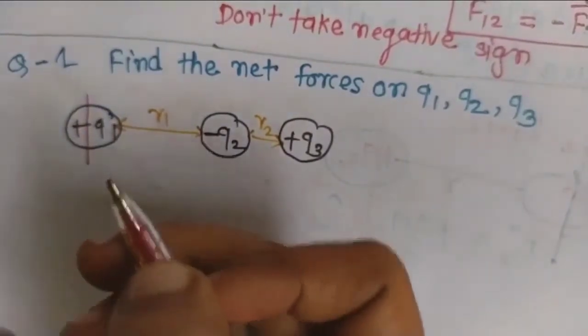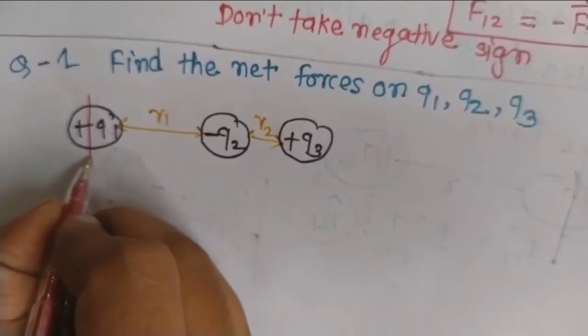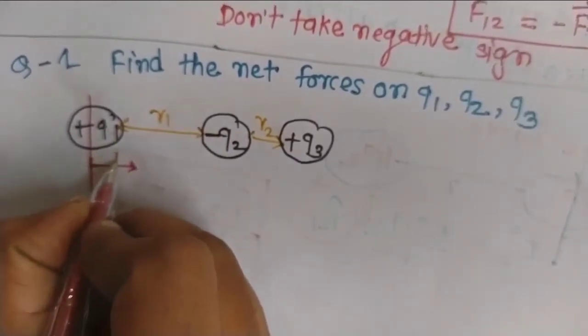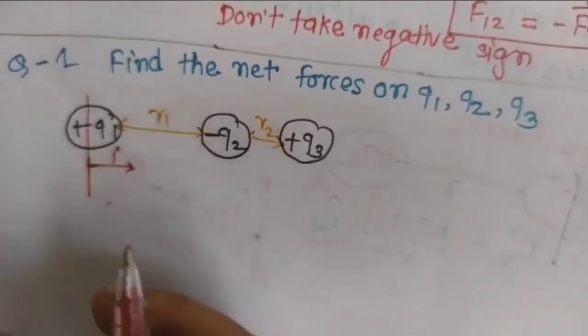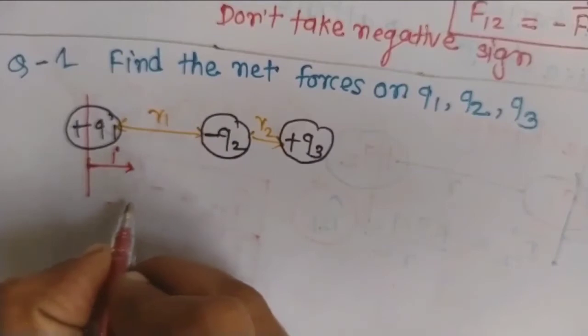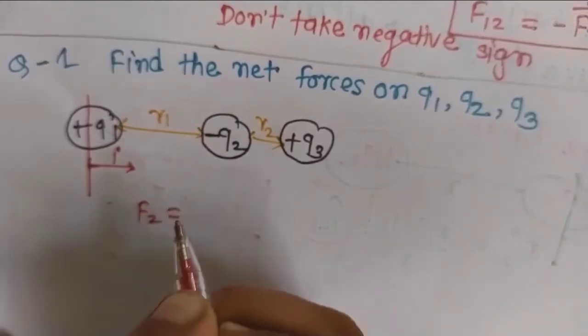Let's first find the net force on the charge Q1 due to charge minus Q2. Both charges are opposite, therefore they attract each other, and the direction is towards the charge minus Q2.